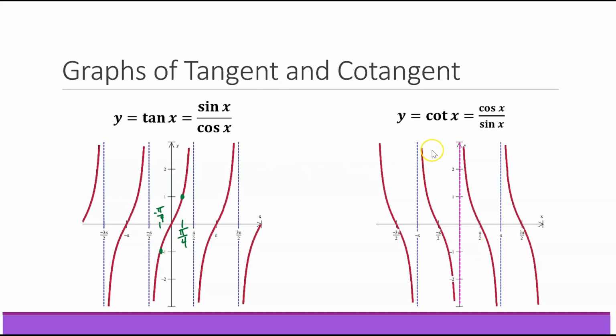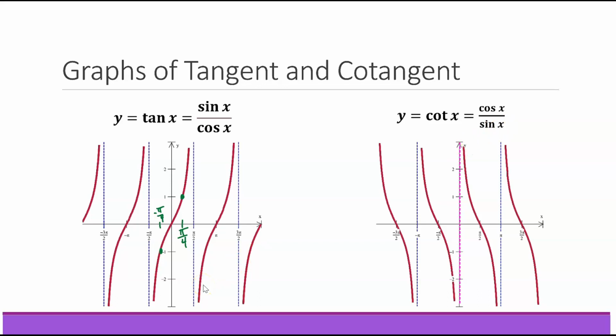And the shape looks similar to tangent, but it's reflected over the x-axis. So now this curve sort of changes directions. So a lot of tangent and cotangent is memorizing just that general shape and then understanding where the asymptotes would be based on rewriting tangent as sine over cosine, cotangent as cosine over sine.